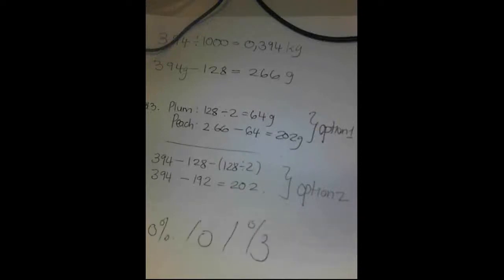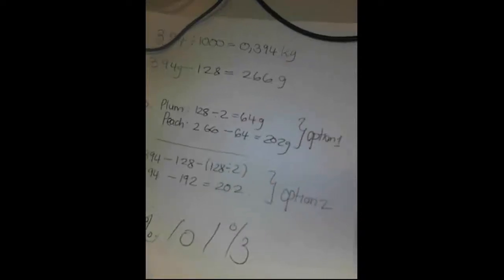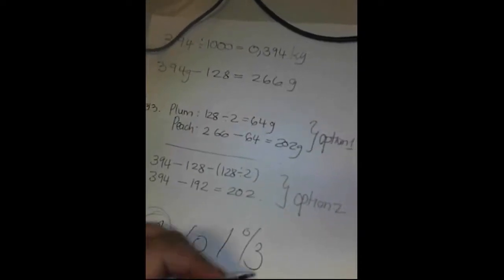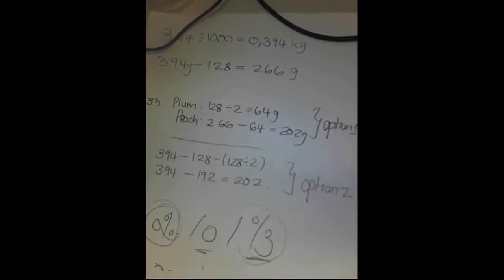How do I represent that in the probability factor? I can either say 0%, or 0, or 0 out of 3. Why 3? There are 3 fruit there. You have your peach, your pear, and your plum.